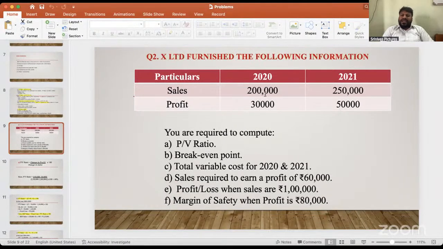So the remaining 1,20,000 is the variable cost for 2020. For 2021, 50,000 is the profit and 50,000 is the calculated fixed cost, total 1 lakh. So variable cost is: out of 2,50,000 you deduct this 1 lakh, so the remaining 1,50,000 is the variable cost.